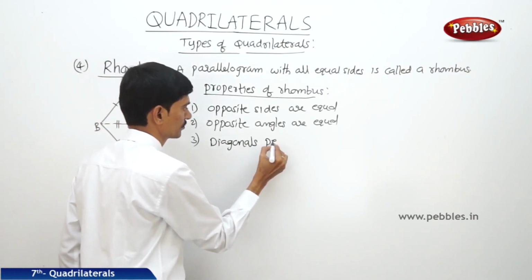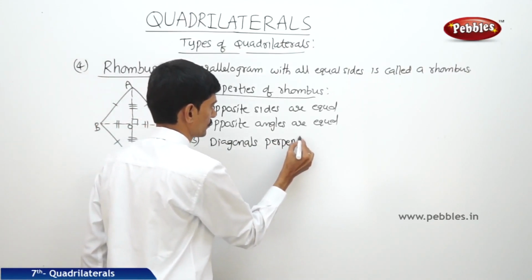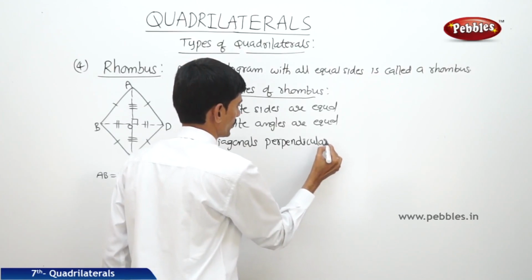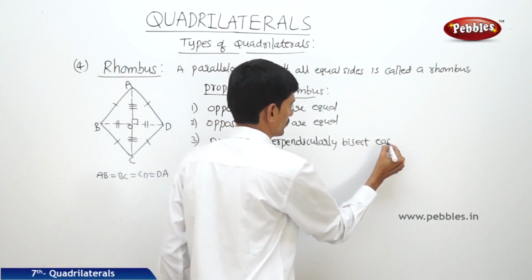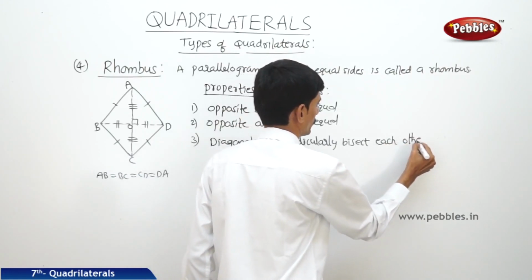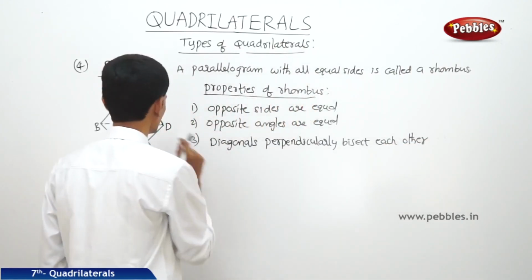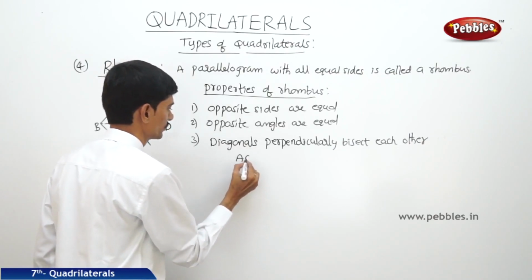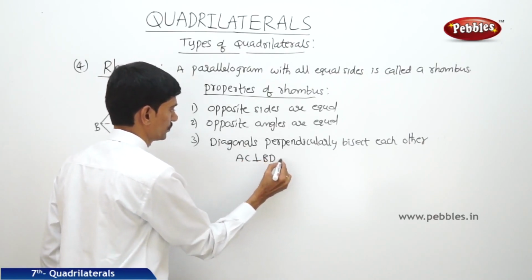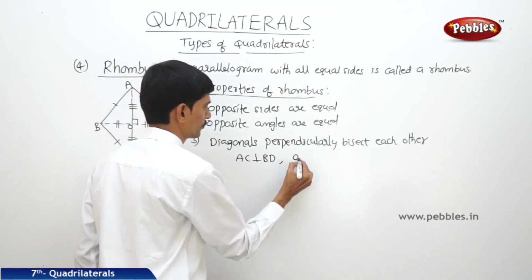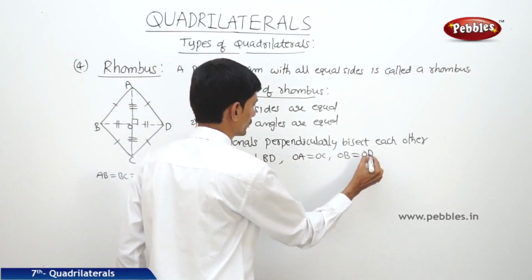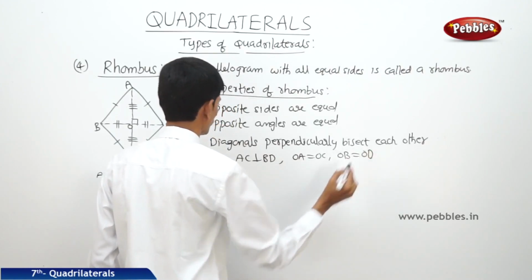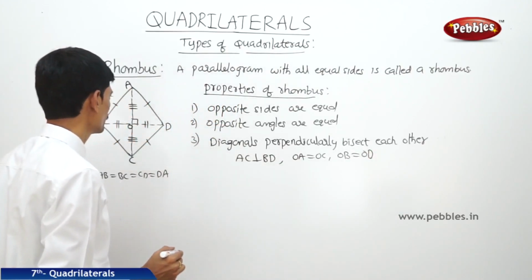Diagonals perpendicularly bisect each other means AC perpendicular to BD, and OA equal to OC and OB equals to OD, and also the four sides are equal.